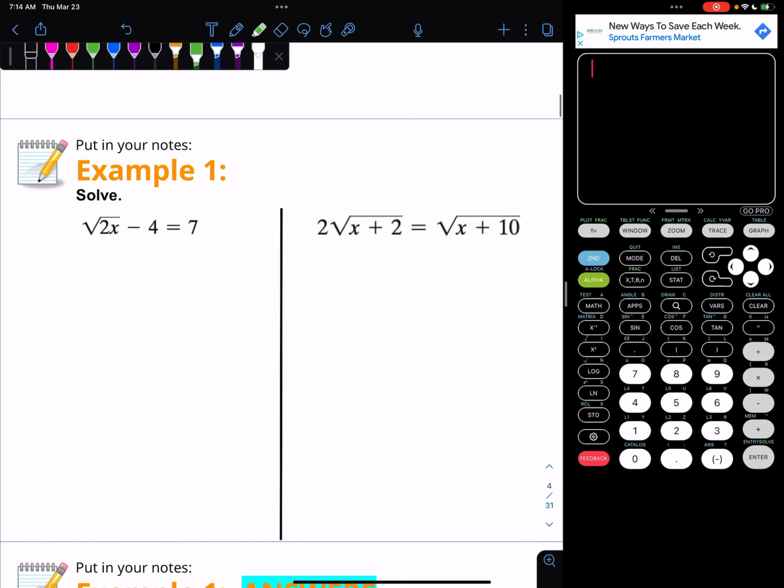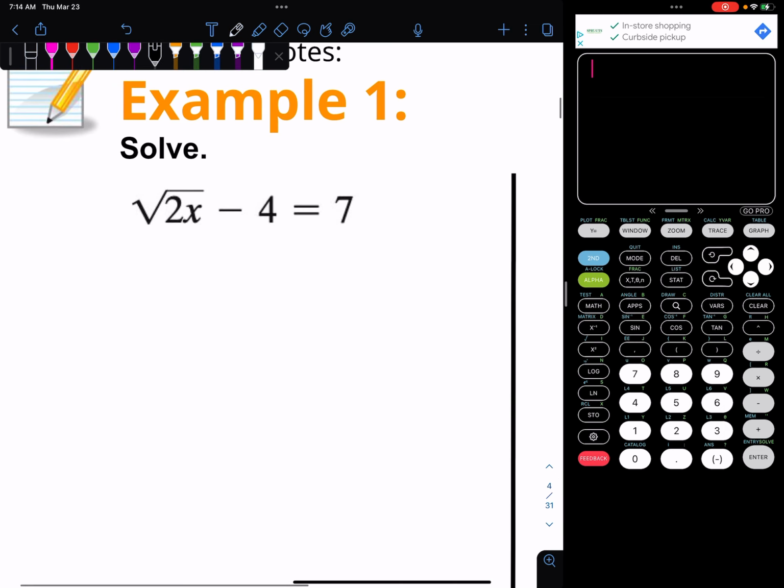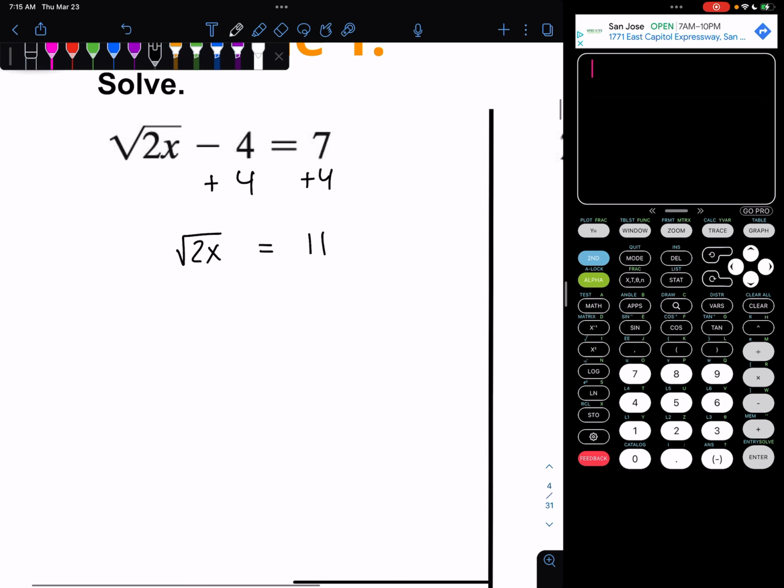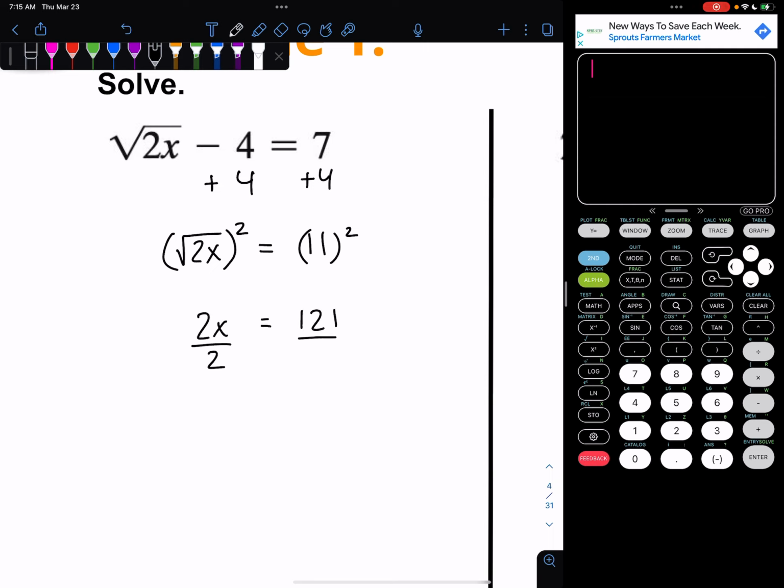All right, so here's the first set we're doing. We're going to solve. First you're going to add 4 to both sides. You want to isolate so just the square root of 2x is by itself, with 11. Then you're going to square both sides. 2x is equal to 121, divided by 2.